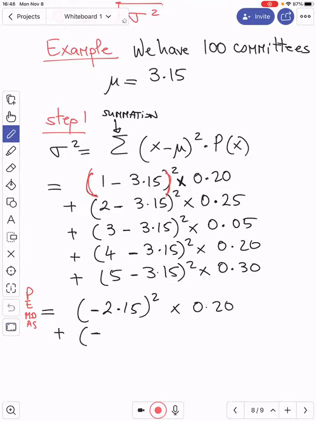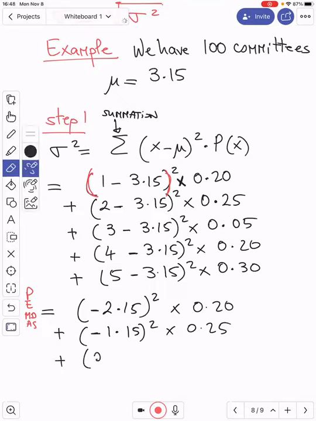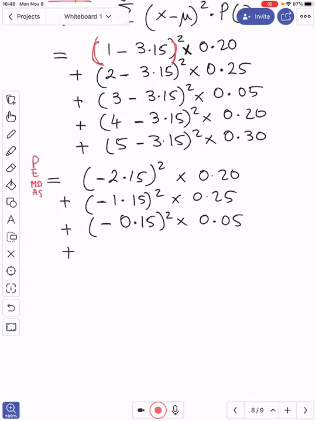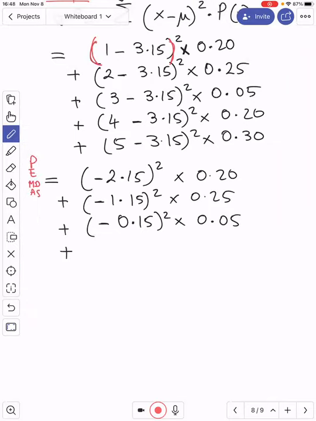Yeah, and then negative 1.15 squared, right, and then negative 0.15 squared times 0.05 plus 0.85 squared times 0.20, right?